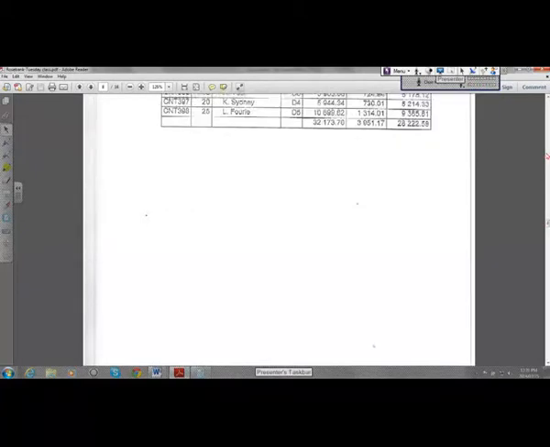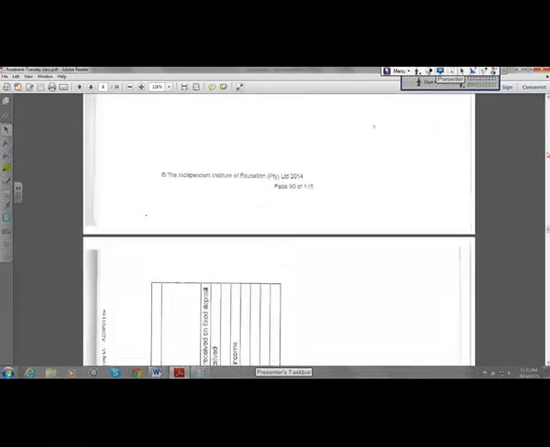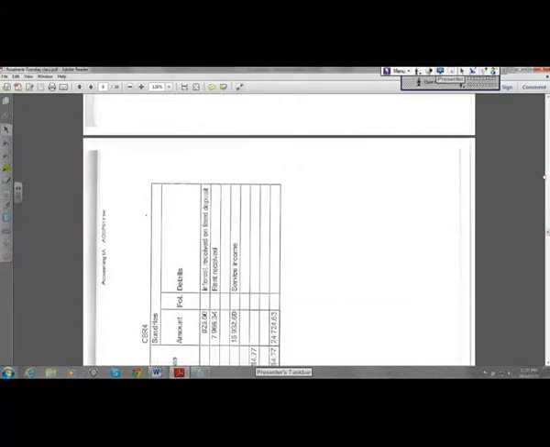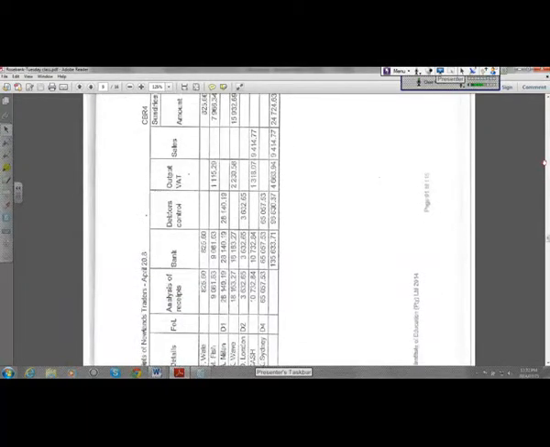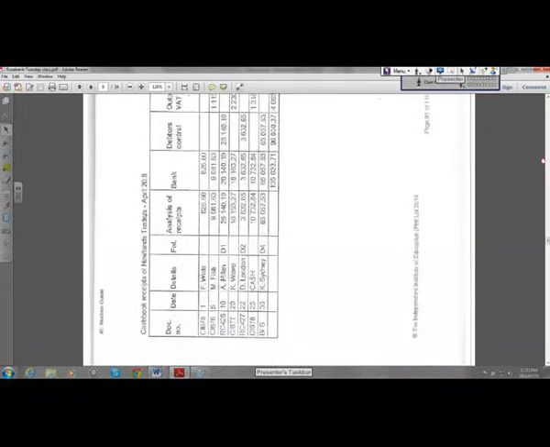Let's see which one this is. Oh, it's the cash book receipts journal.